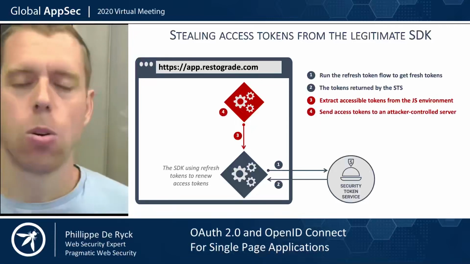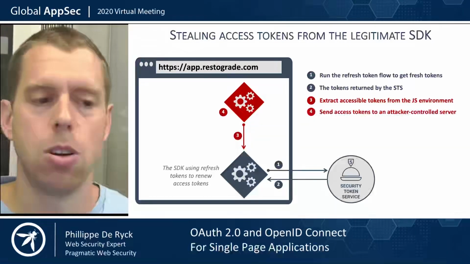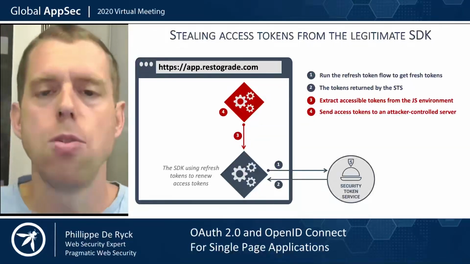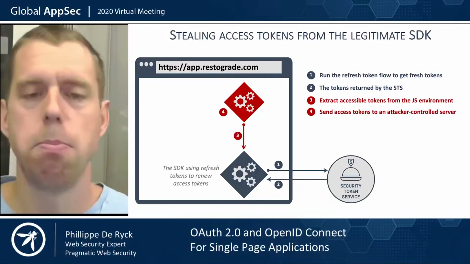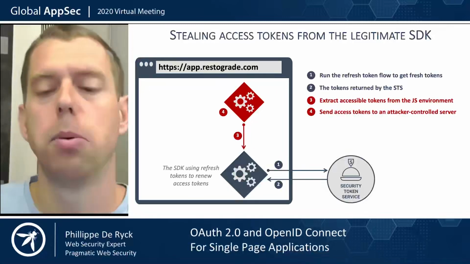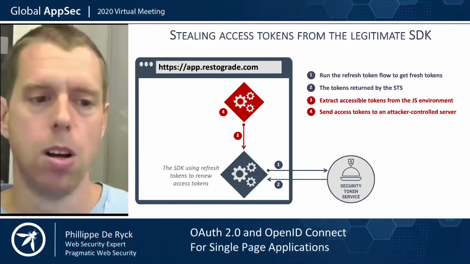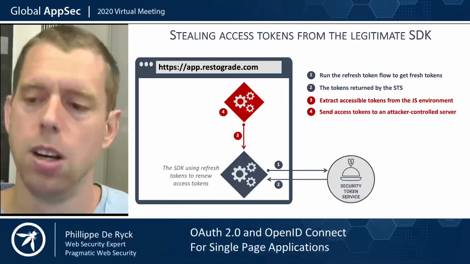And of course, once the access tokens are extracted, the attacker can use them just like the application does. So now the attacker can post a review in the name of Philippe. And if the application remains active and the payload of the attacker remains active, the access tokens will keep coming, and the attacker will be able to keep posting reviews in my name until the application gets shut down. Then, of course, the attack here ends.